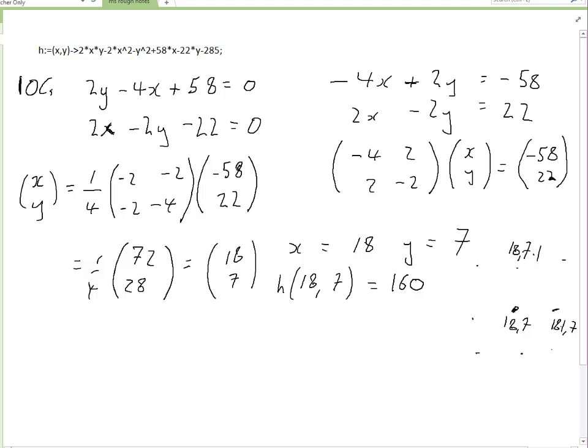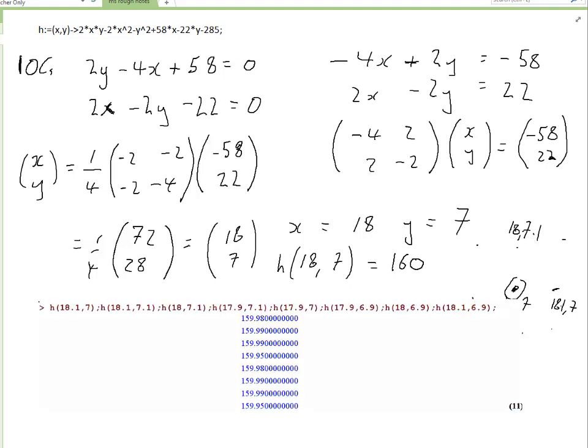We want to look at a number of points around this point to see, is the function increasing or decreasing in all these directions. So what I've done is I just go to the calculator and cheat and get some quick answers so we can have a look at those values. As you can see, what I've really done is just define the function in Maple and then put these numbers in.